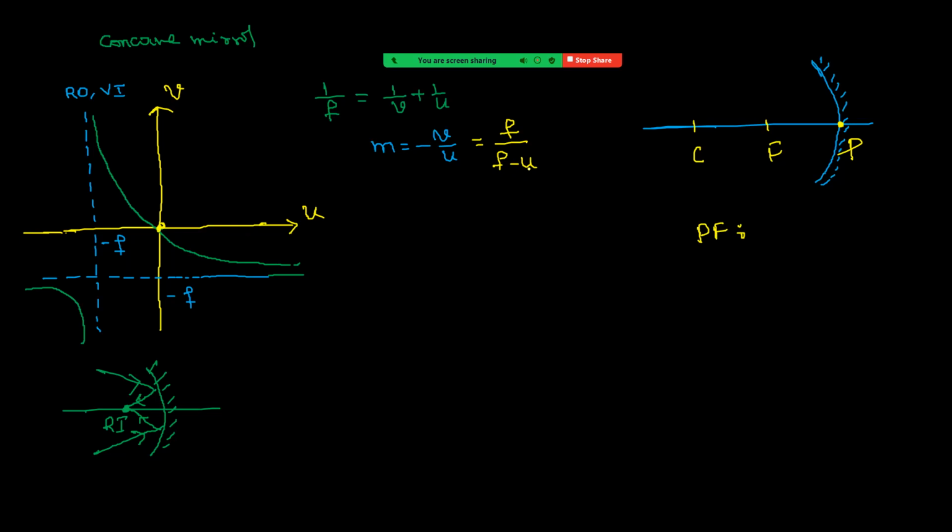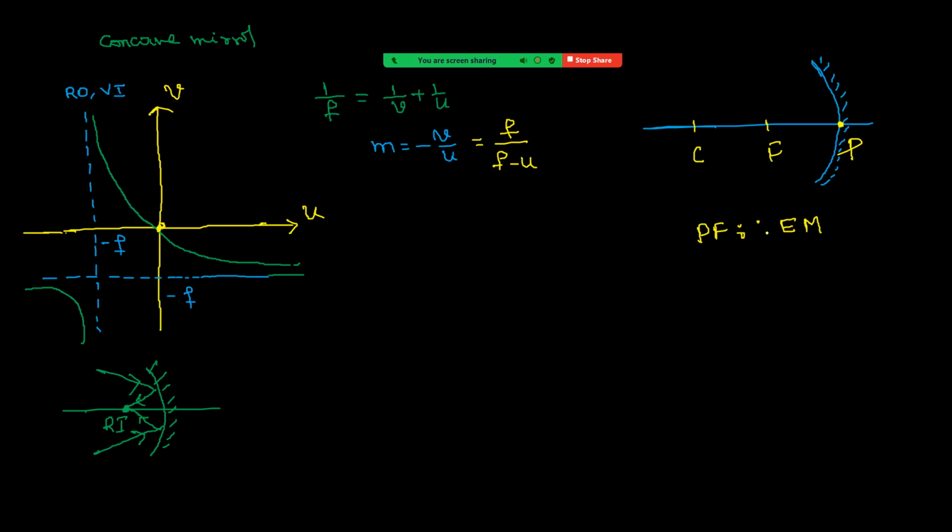What we got here? F minus U positive. This is less than F. Positive magnification means it is an erect one. Total value positive, greater than 1. It is magnified, because F minus U is less than F, so F by that value becomes greater than 1. This total value is positive. U negative, negative of negative positive. Then V must be positive to make the total value positive. V positive means rays are converging behind the mirror.